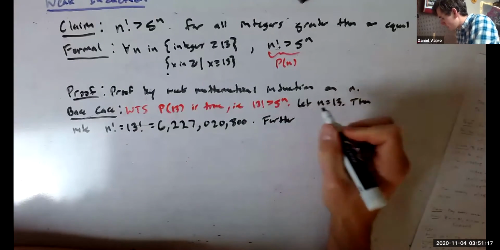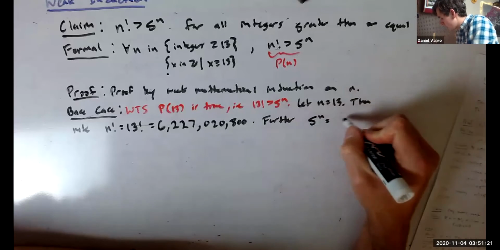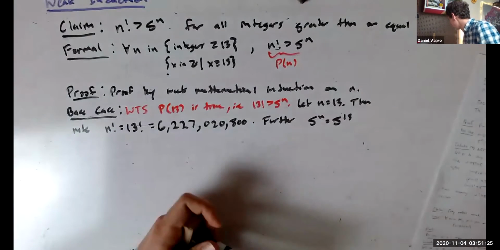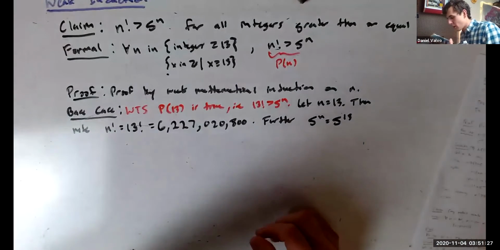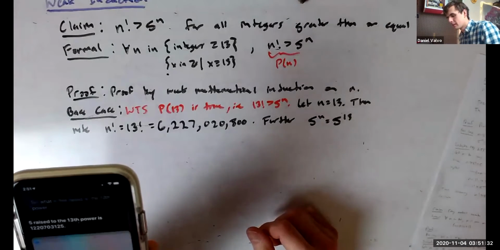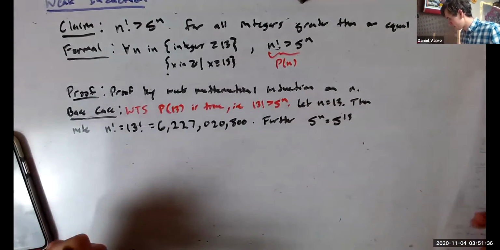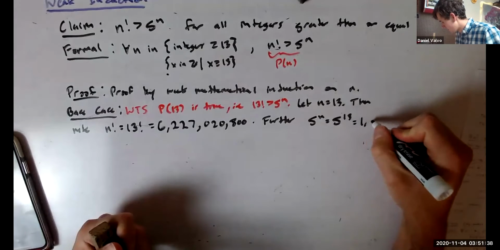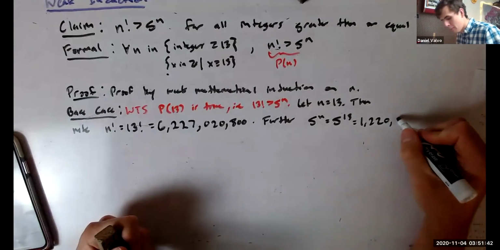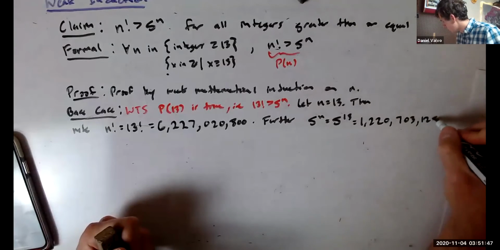Further, the question is 5 to the n, which equals 5 to the 13. What's that, Siri? Siri, what's 5 raised to the 13th power? 5 raised to the 13th power is 1,220,703,125. So according to Siri, that's 1,220,703,125.